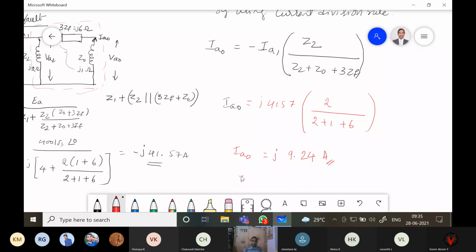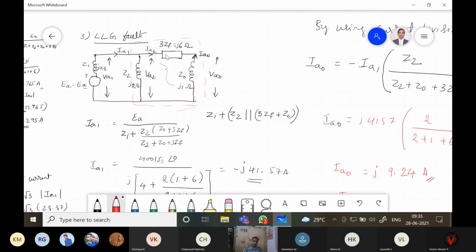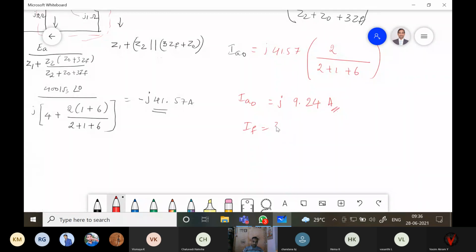So what is the fault current IF flowing in the impedance here? The fault current is expressed in terms of IA naught, that is 3 times IA naught. So fault current IF is equal to 3 times the magnitude of IA naught, which is 3 into 9.24.